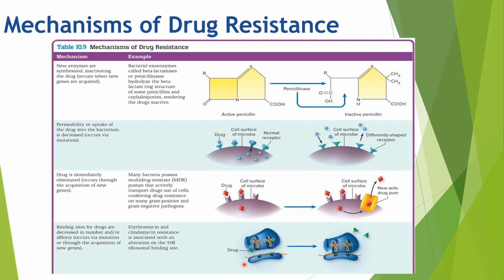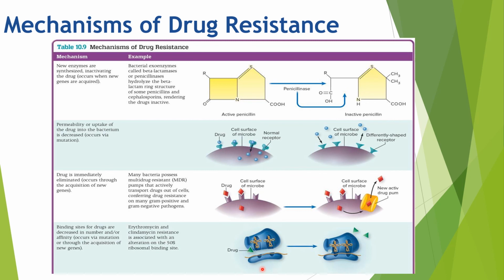Another way is, we talked about how some drugs out there target the ribosomes, basically to prevent protein synthesis. We gave examples like azithromycin. We also talked about tetracycline, right? Those are antibiotics that target the ribosomes.